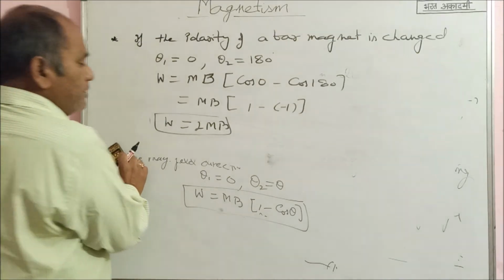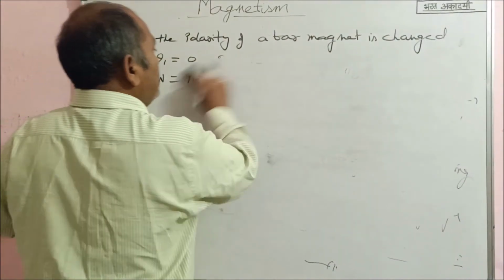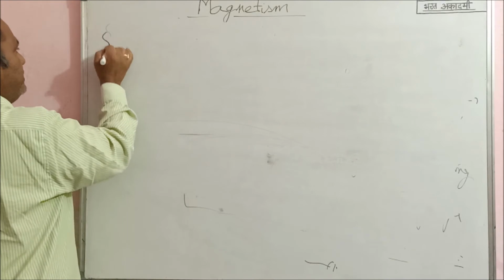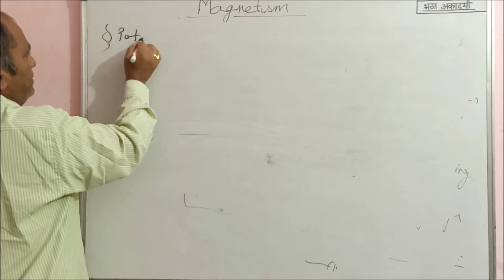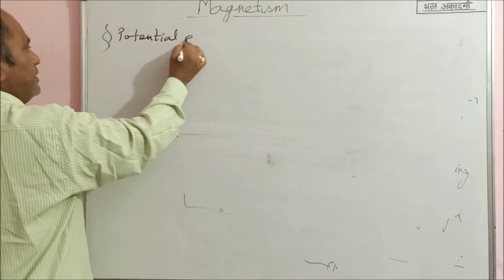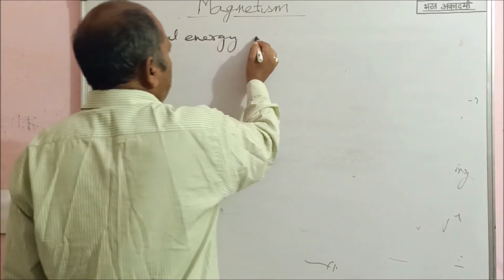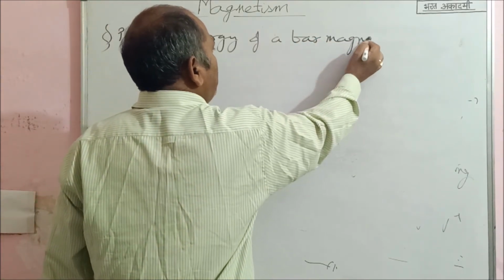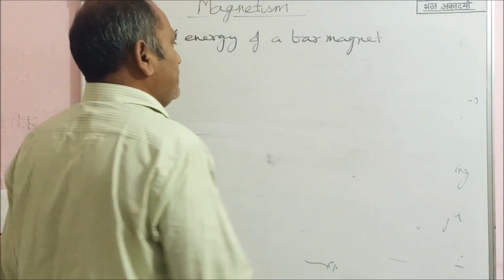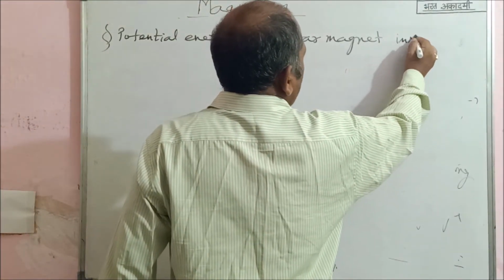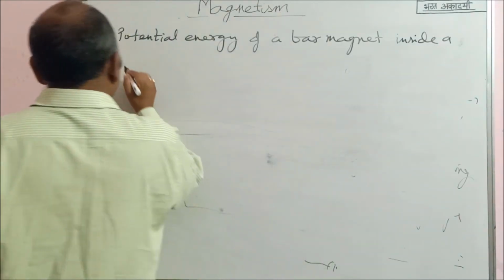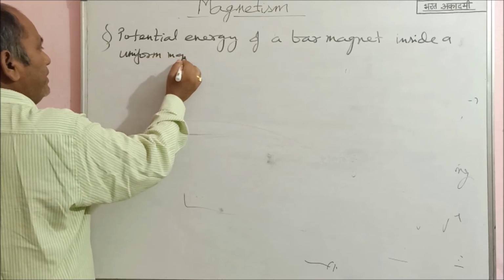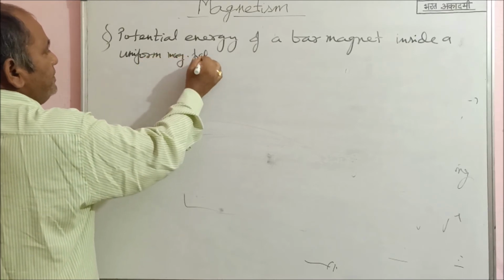This is all about torque and work done. Then again, the same way, we have potential energy of a bar magnet. Remember, bar magnet means itself the magnetic dipole inside a uniform magnetic field, right?